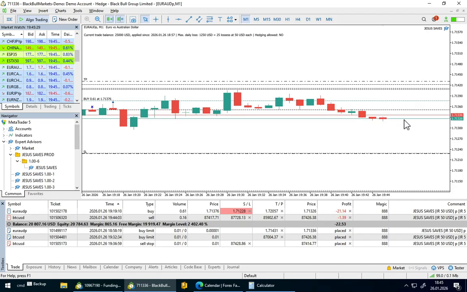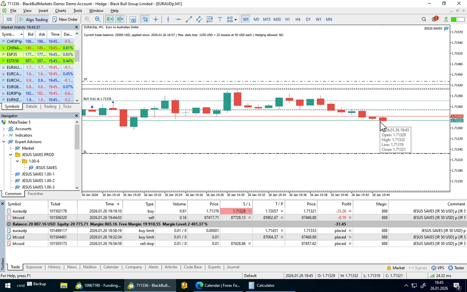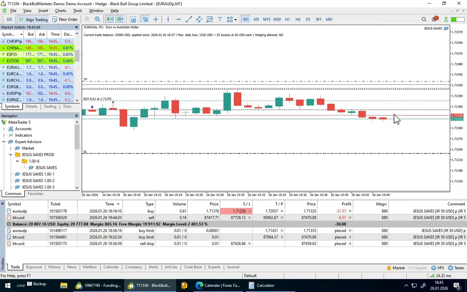Why? Because this lower line is the bid price, and this is the price being used in the chart for the price of the currency pair, and this is just the ask price for the spread.